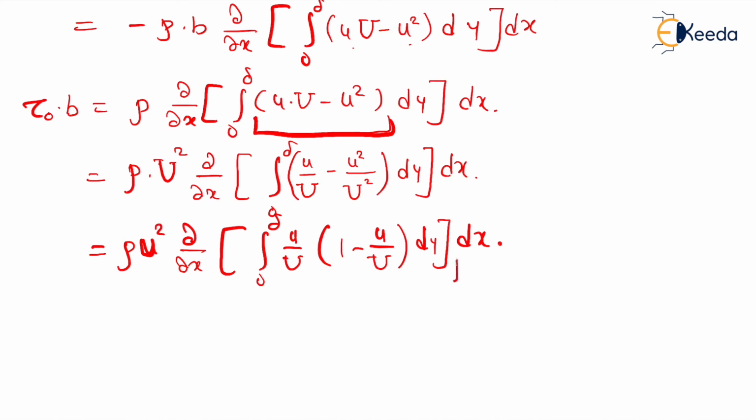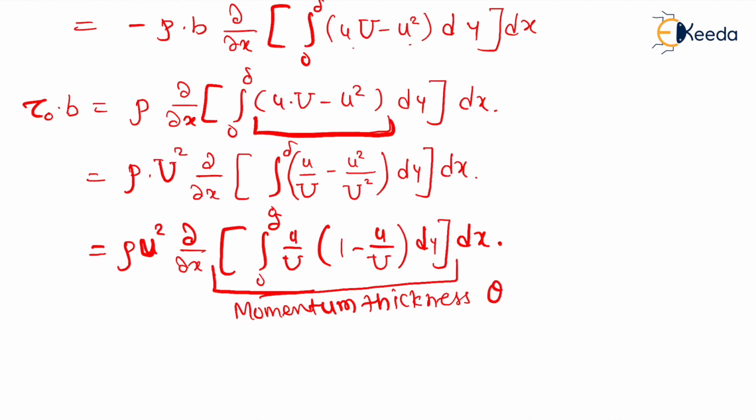This highlighted term is nothing but the momentum thickness theta. This is the formula for momentum thickness. Momentum thickness is that thickness which, when displaced by a plate, compensates the changes in the momentum.